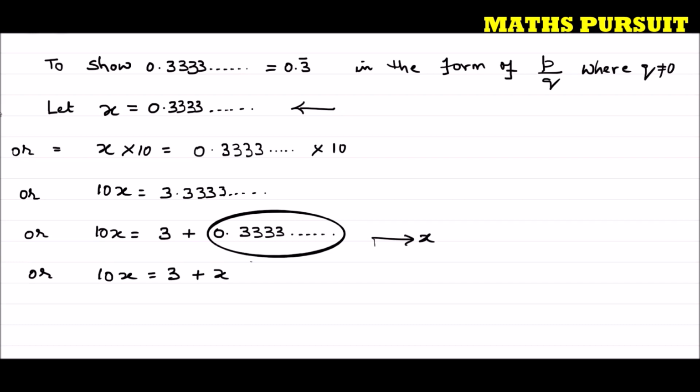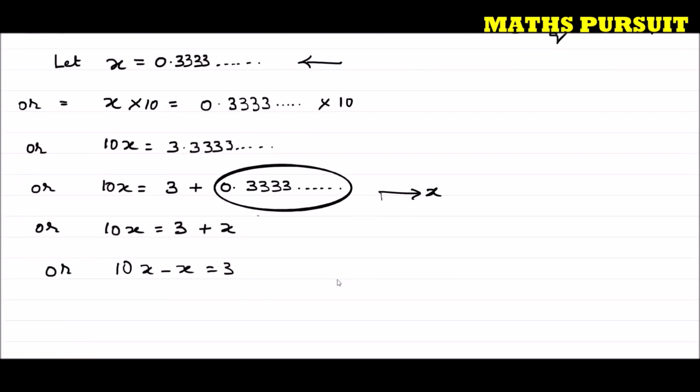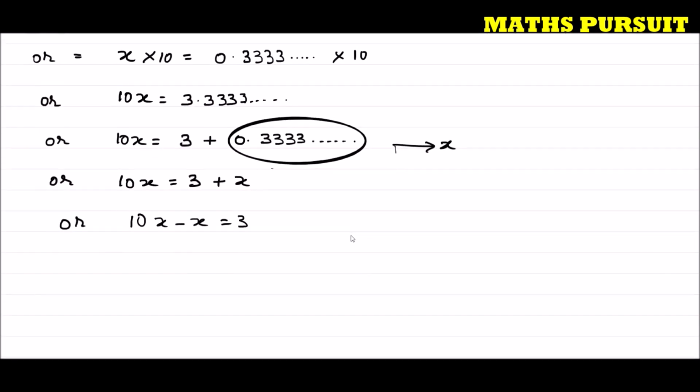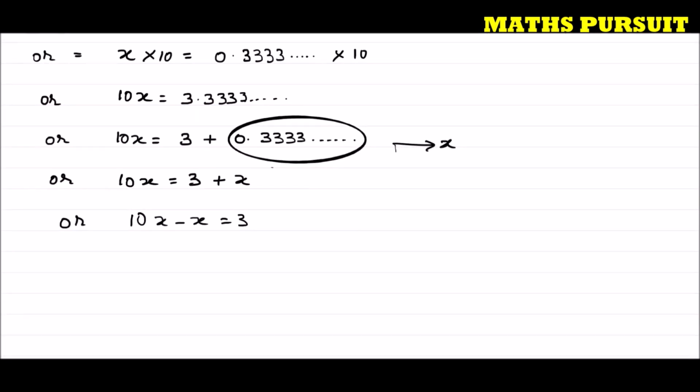Or I can write 10x minus x is equal to 3, just moving x from the right hand side to the left hand side. So it is positive in the right hand side, now it became negative in the left hand side. So I got 10x minus x is equal to 3.